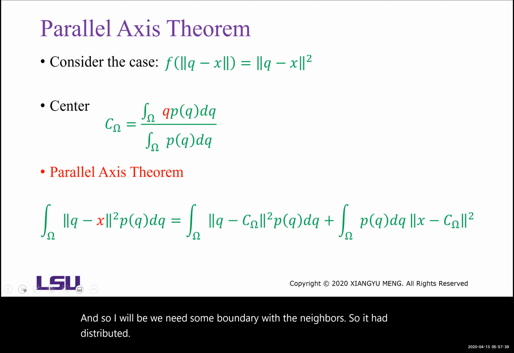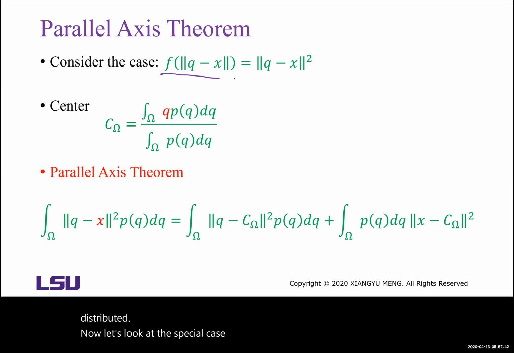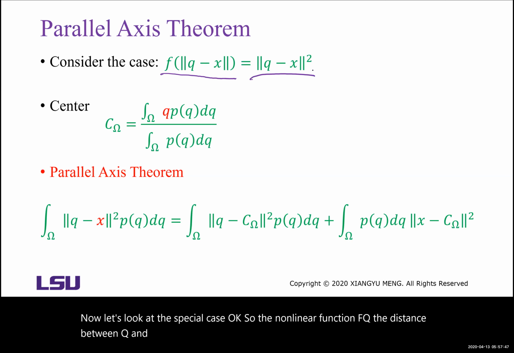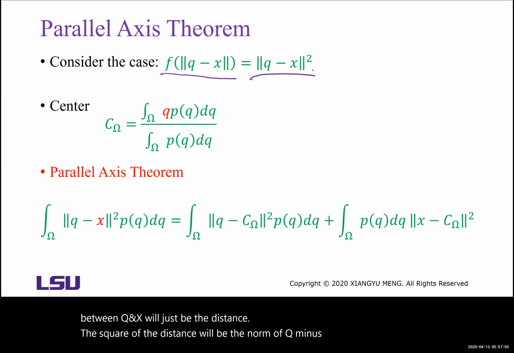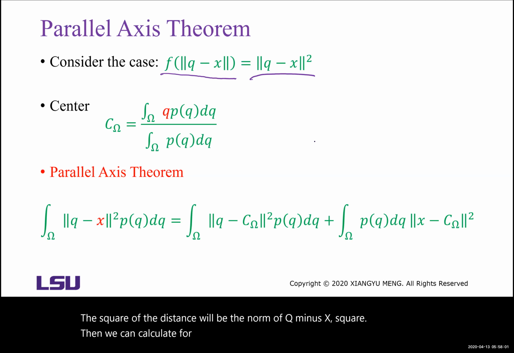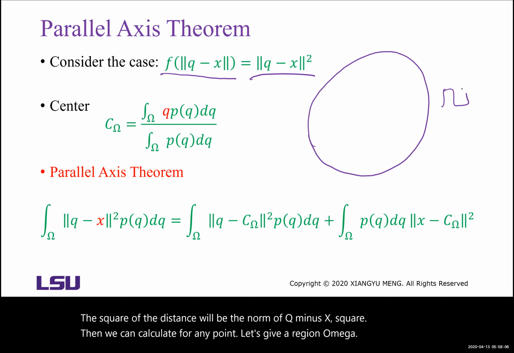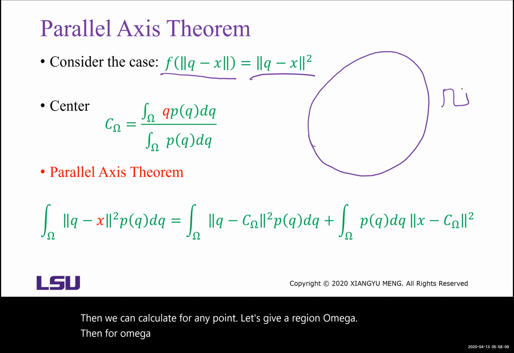Now let's look at the special case. Okay, so the nonlinear function f of q, the distance between Q and X, the square of the distance will be the norm of Q minus X, then square. Then we can calculate for any point, let's give a region omega, the center of the omega by using this formula.